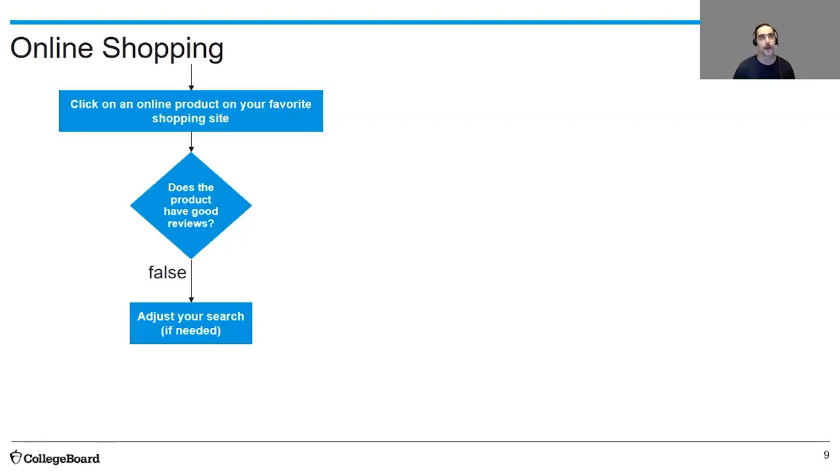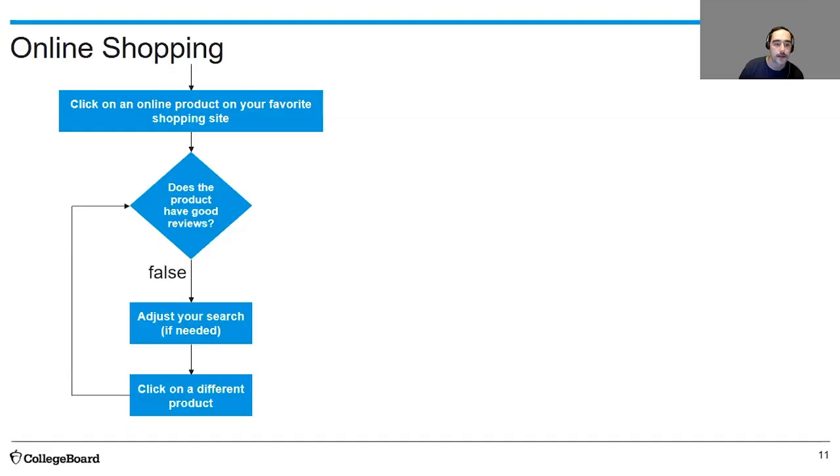Well, maybe you'll look at the reviews and adjust your search. I know sometimes when I've looked at things, the reviews have helped me adjust my search so I could find an item that maybe I did like. Then you click on that different product. So what are you going to do? You're going to ask that same question again. Does the product have good reviews?